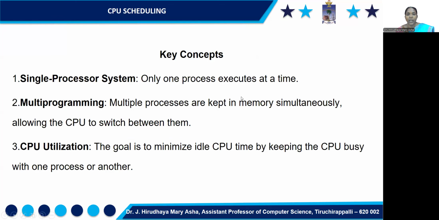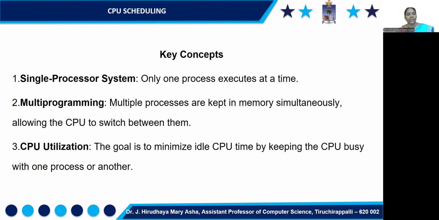Next, there are some key concepts to keep in mind while working with CPU scheduling. First one is a single process system. In this, only one process can get the CPU for execution in a given time. Multi-programming. In this, multiple processes are kept in the ready queue so that each and every process gets its turn to get executed by the CPU.